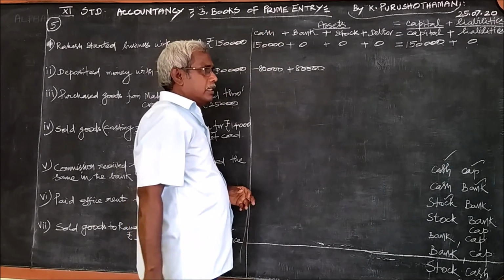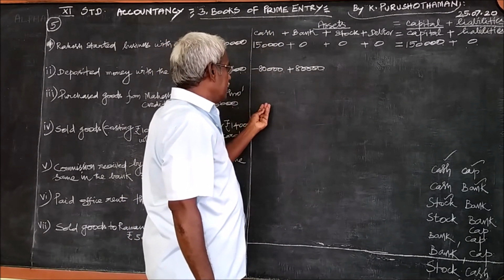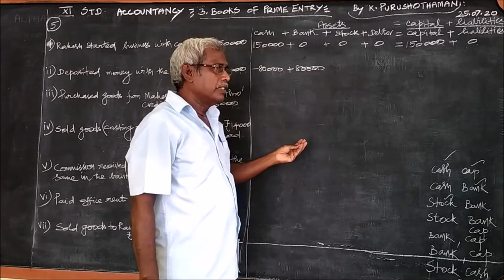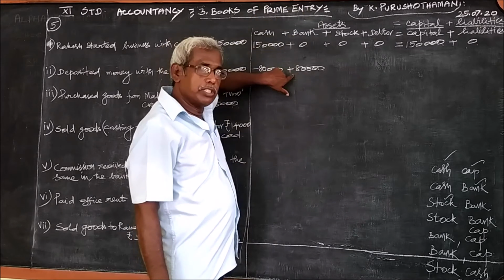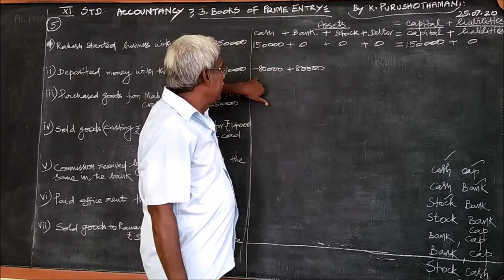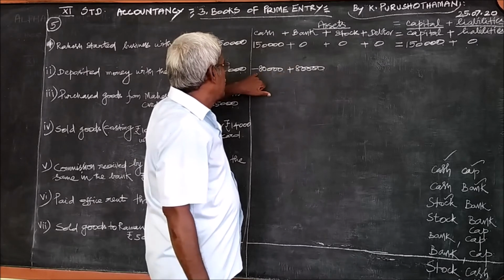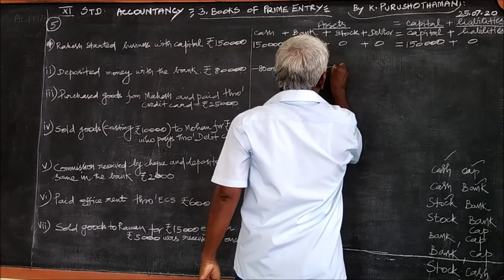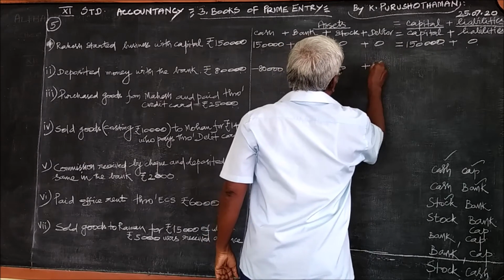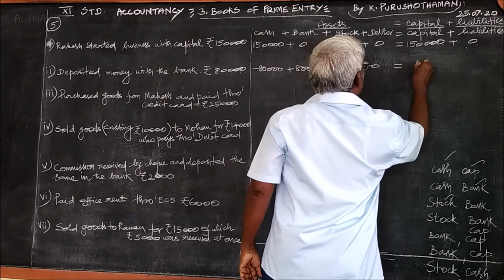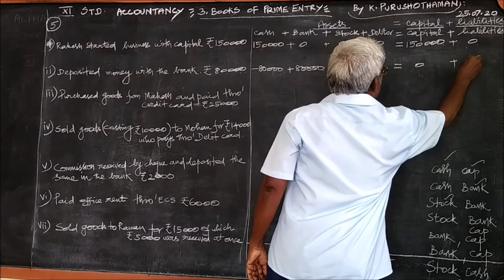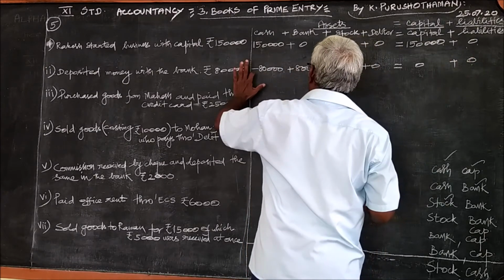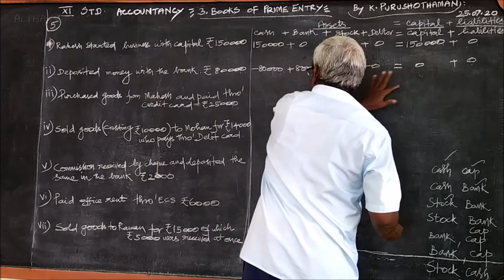Listen carefully. We take 80,000 from the business, so minus. The bank receives it, as far as the bank is concerned it is plus. Therefore minus 80,000 plus 80,000 is 0, and therefore right hand side everything will be 0. 0, 0 equal to 0 plus 0. In this also 0 equal to 0.